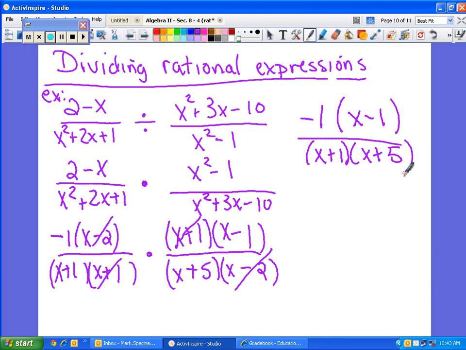So you can't divide by 0 here, and you can't divide by 0 here. So the other difference between multiplication and division is instead of just looking at the denominators of the original fraction, now you're going to look at the denominator of the fraction on the left and both parts of the fraction on the right.